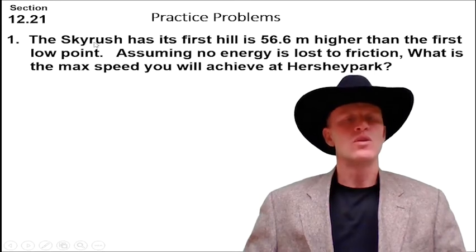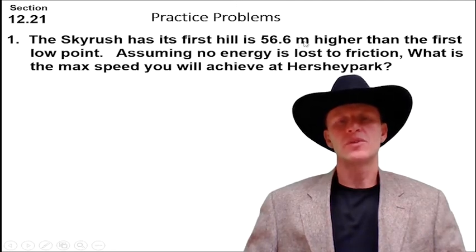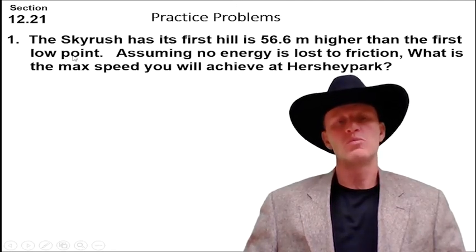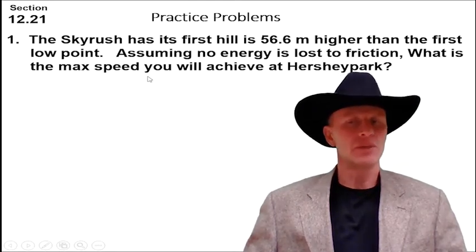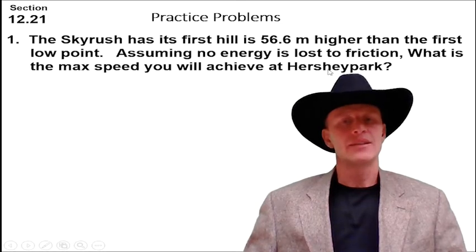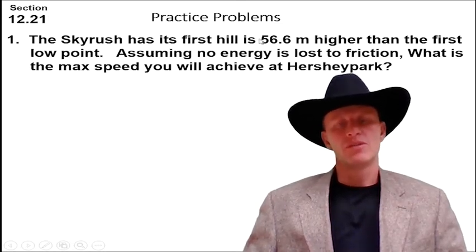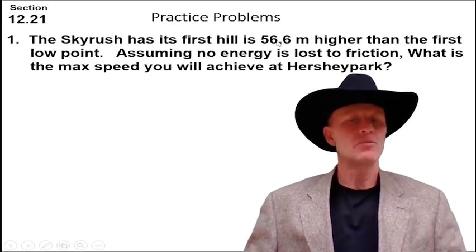And a cool roller coaster ride, Sky Rush at Hershey Park, has its first hill 56.6 meters higher than the first low point. Assuming that no energy is lost to friction, which a little bit is, what would be the maximum speed you could achieve at Hershey Park? So we're looking at 56.6 as a height. That would be PE.